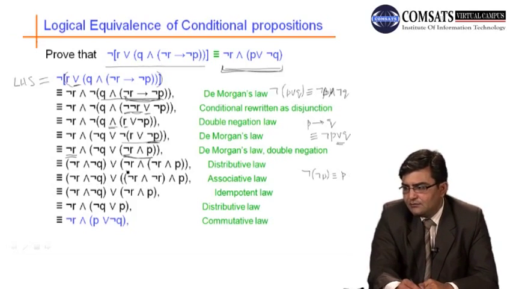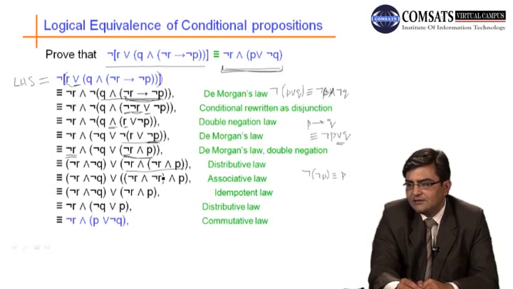We can interchange the place of not R and this using the associative law. We can write it as this.